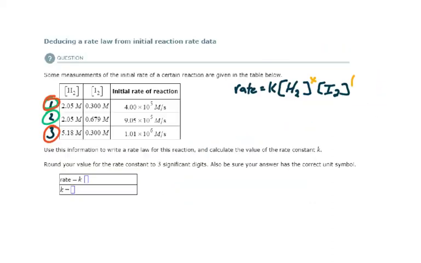That means the order that hydrogen is in for this reaction is also 1. So I put 1 there. That means my rate law is rate is equal to k times the concentration of H2 to the first power times the concentration of I2 to the first power.